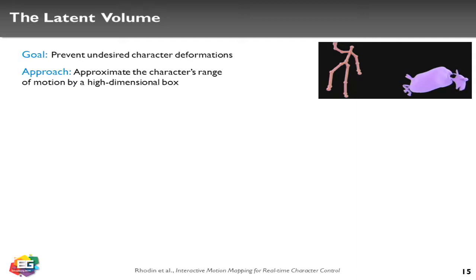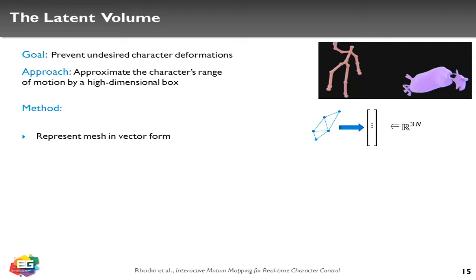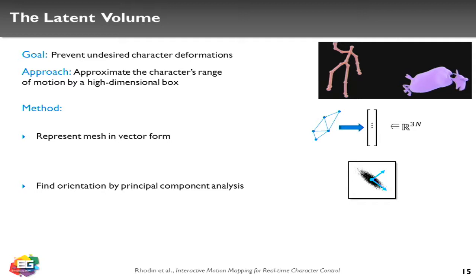So the goal is to generate what they call a latent volume. Basically they have a representation of the mesh. They put all these meshes into one very high dimensional space, which is like a pose space. Then the goal is to find the bounding volume that represents all the possible poses that this character can achieve. This is done by a simple PCA analysis, and then you can also reduce the dimensionality.